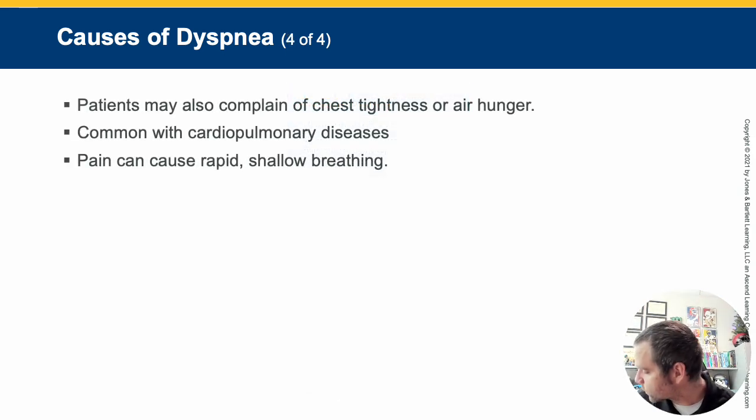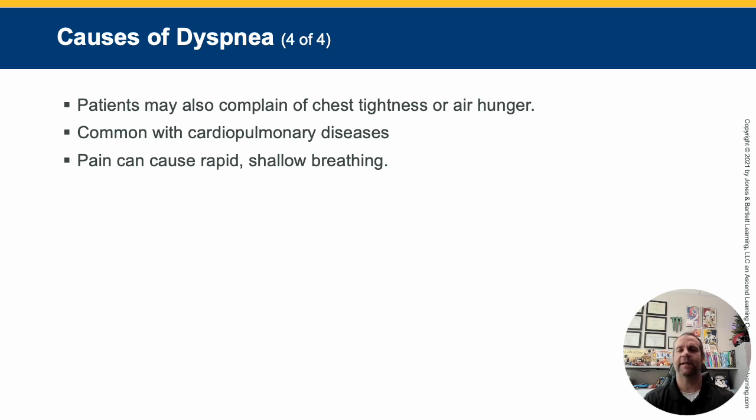So now to wrap up the causes of shortness of breath, we have to recognize that difficulty breathing isn't always a problem of the lungs, right? As we talked about, for many patients, dyspnea is also a sign of cardiac disease when the heart isn't pumping effectively, like in CHF, or congestive heart failure. The fluid backs up into the lungs, really making it difficult to breathe.